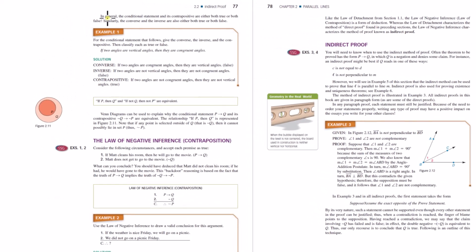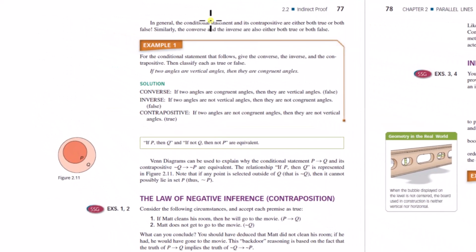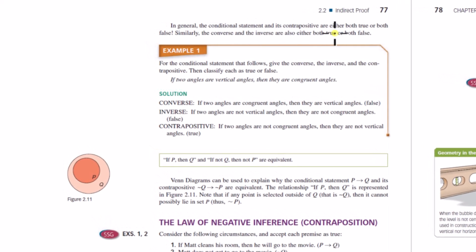In general, the conditional statement and its contrapositive are either both true or both false. Similarly, the converse and the inverse are also either both true or both false. So that's interesting. You're given this starting conditional statement, and there are four slots: the original statement, the converse, the inverse, and the contrapositive.